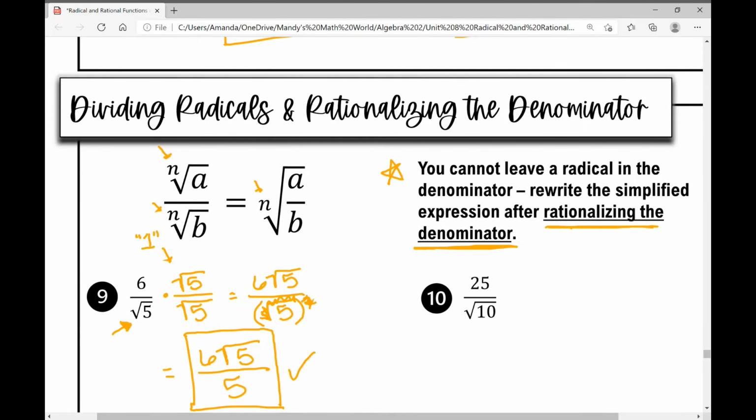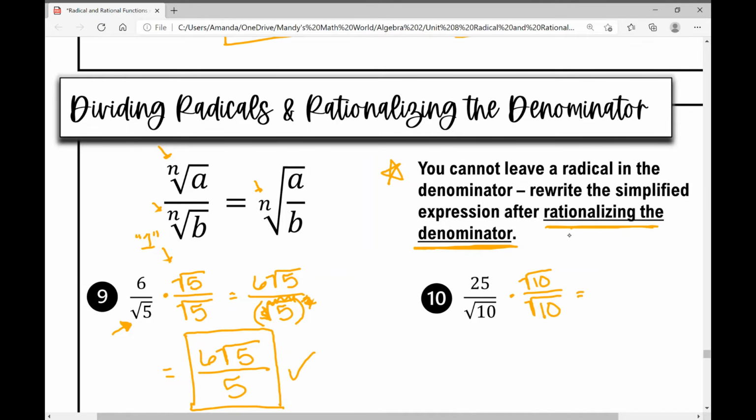We're going to do that exact same process on number 10. So I have 25 divided by the square root of 10. So what am I going to multiply everything by to get rid of that radical in the denominator? I'm going to multiply everything by the square root of 10.